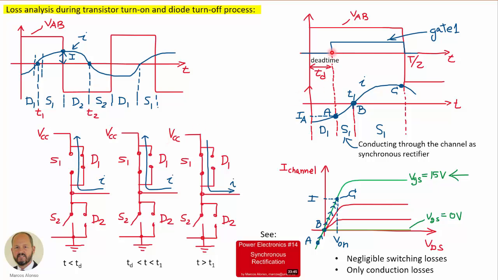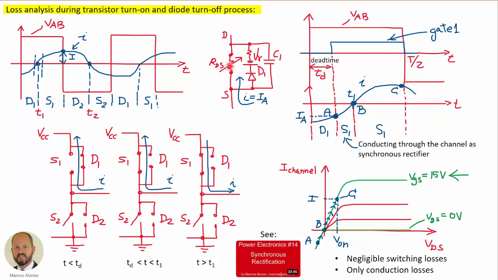But then at this instant T sub D, the switch is turned on. We are applying the gate voltage to the switch. So the equivalent circuit is as shown here. At the beginning we have the diode conducting the current level that we have at this point, I sub A, which is circulating through the diode, but then we are turning on the switch.